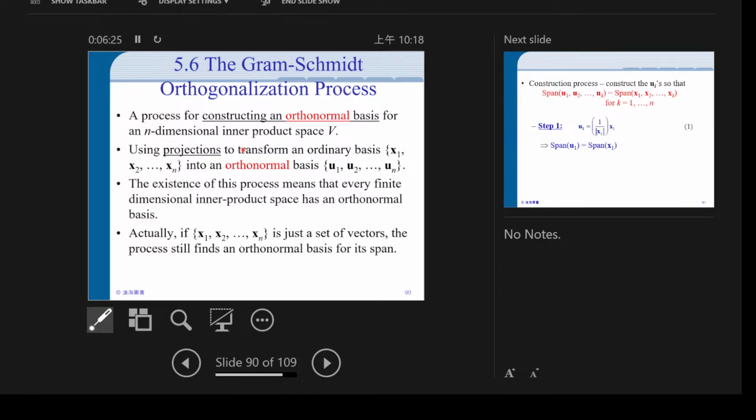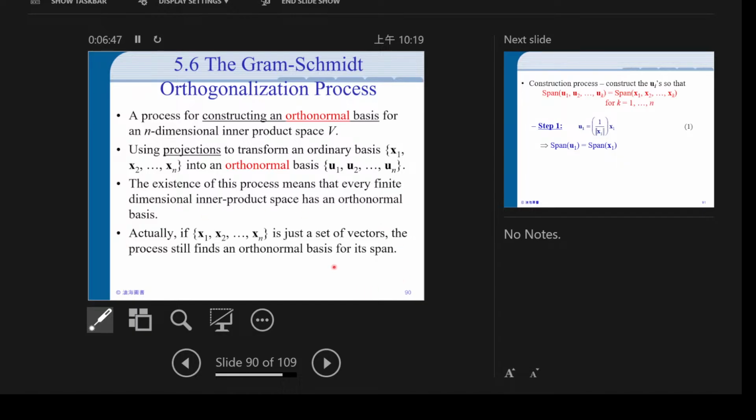The other way is that this process is also a nice theoretical tool. Just by knowing that this process exists, you know that you can always find an orthonormal basis for your inner product space, and that's a nice thing.